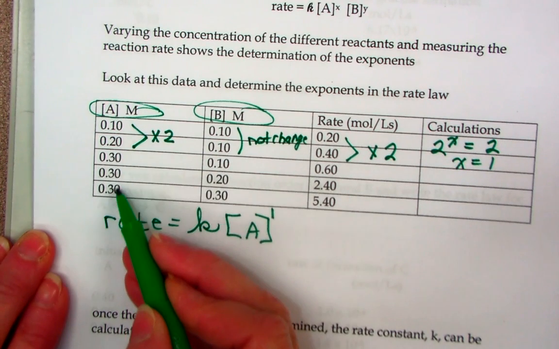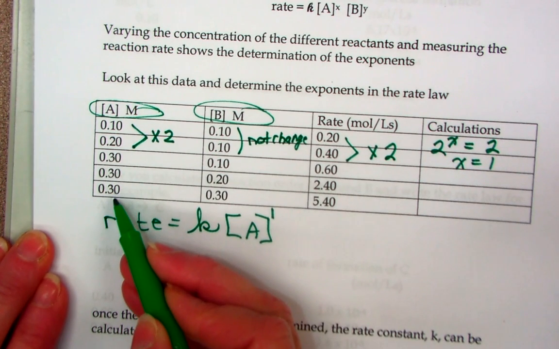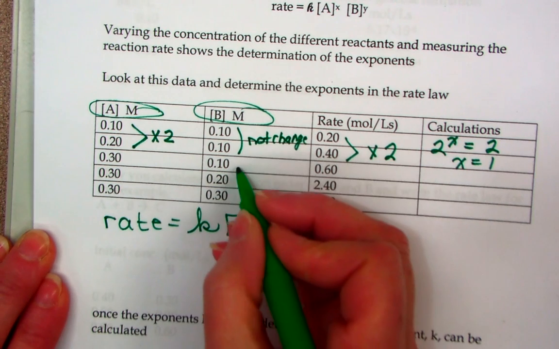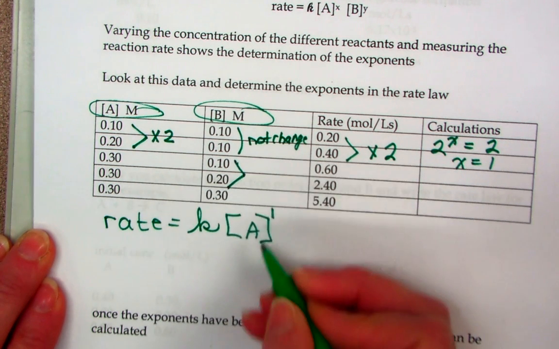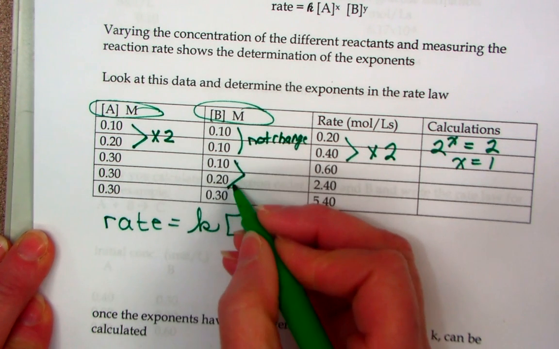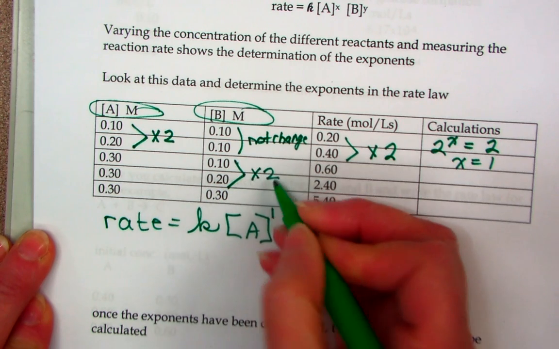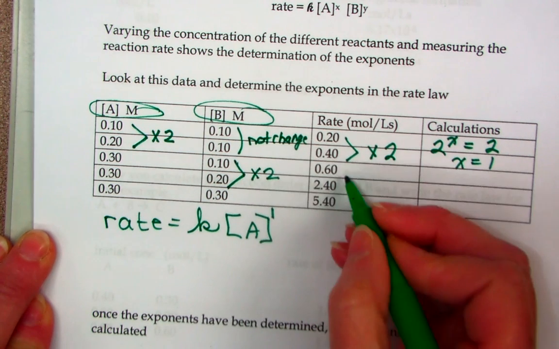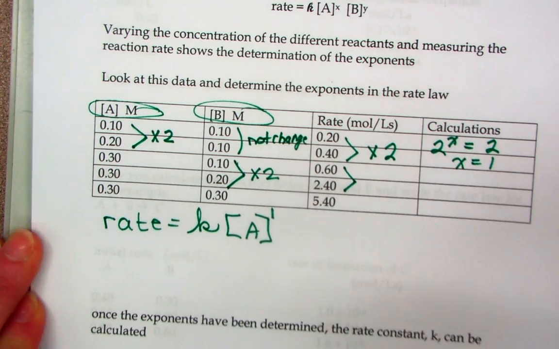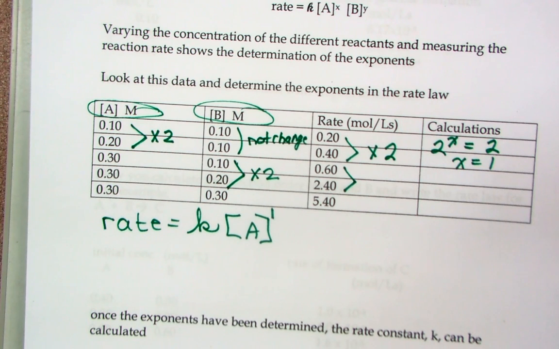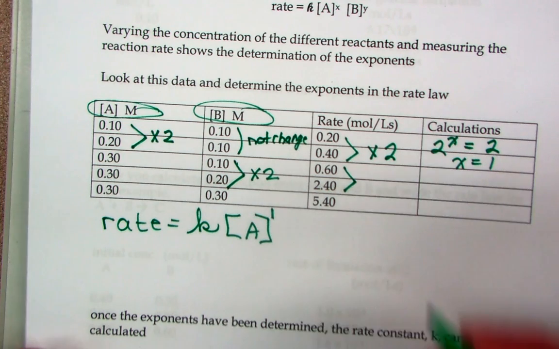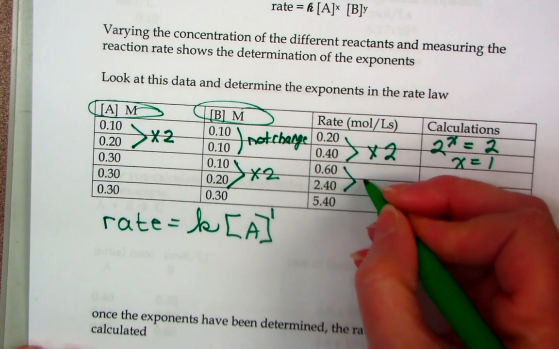Here I'm holding the concentration of A constant for my last 3 experiments. So I picked these 2. I go from 0.1 to 0.2 molar, so I've changed my concentration by 2. Now if I look at my rate, this time A's concentration was constant, so any change in rate is due to the change in the concentration of B. And what is this change?